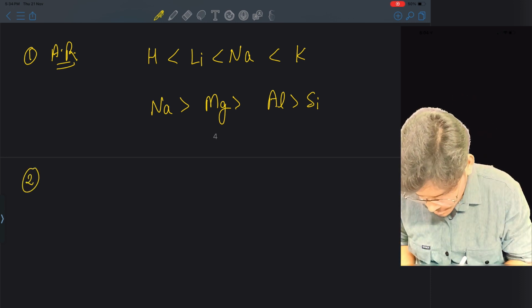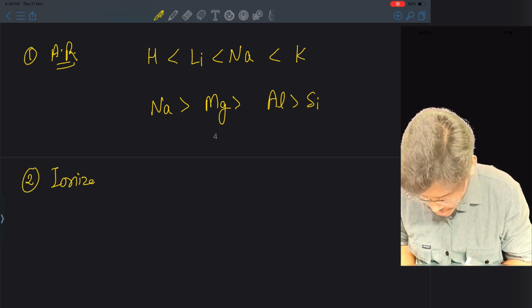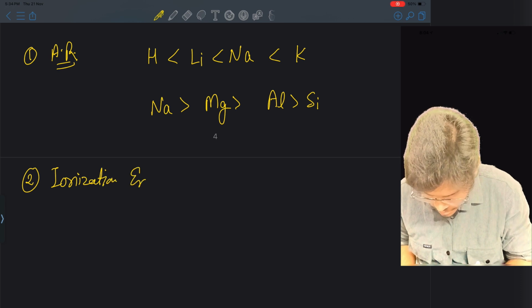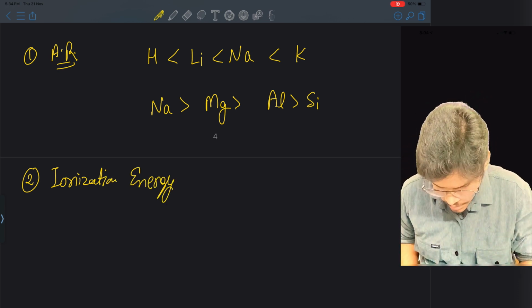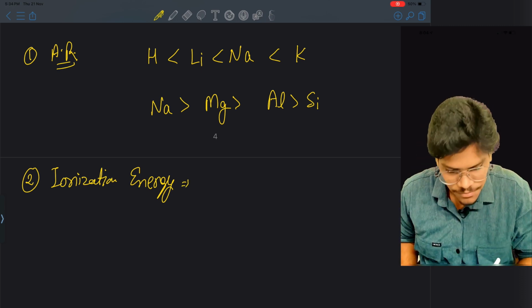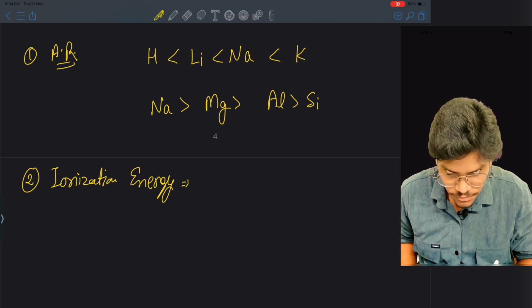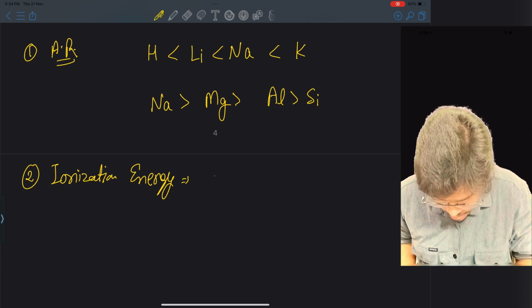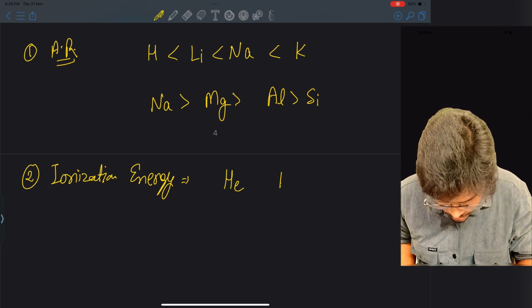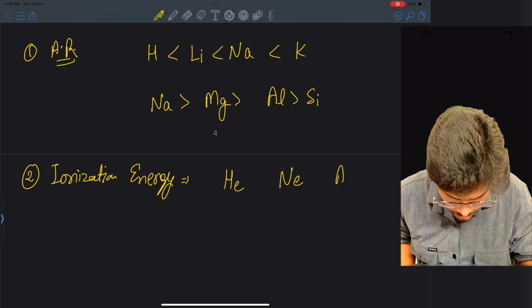Second one is ionization energy. An example for ionization energy is helium, neon, argon, krypton.